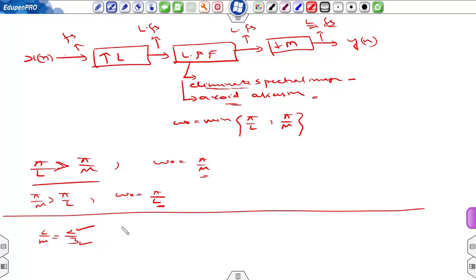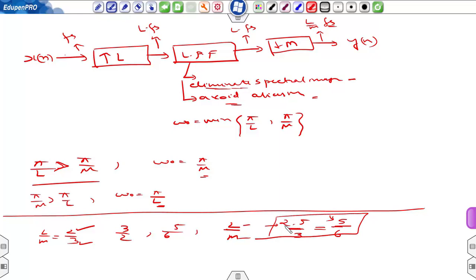Whether it is 2 by 3, 3 by 2, or 5 by 6, L and M should be integers. If you have something like 2.5 by 3, you have to convert it into integers, such as 5 by 6, because you cannot upsample by 2.5, but you can upsample by a factor of 5.